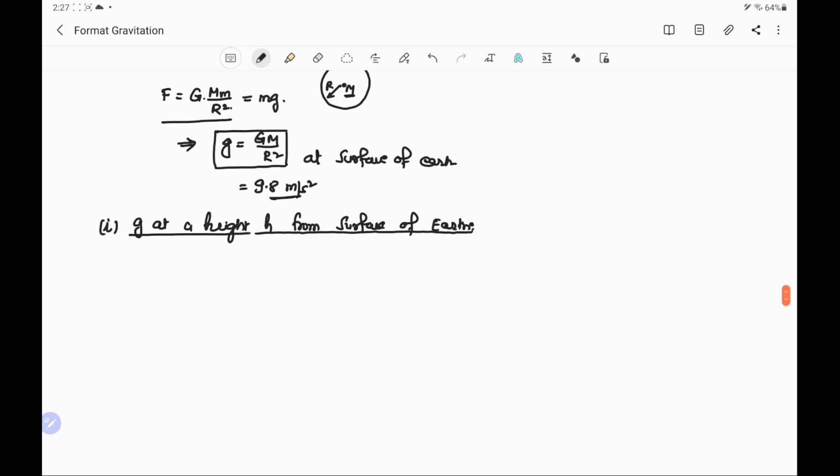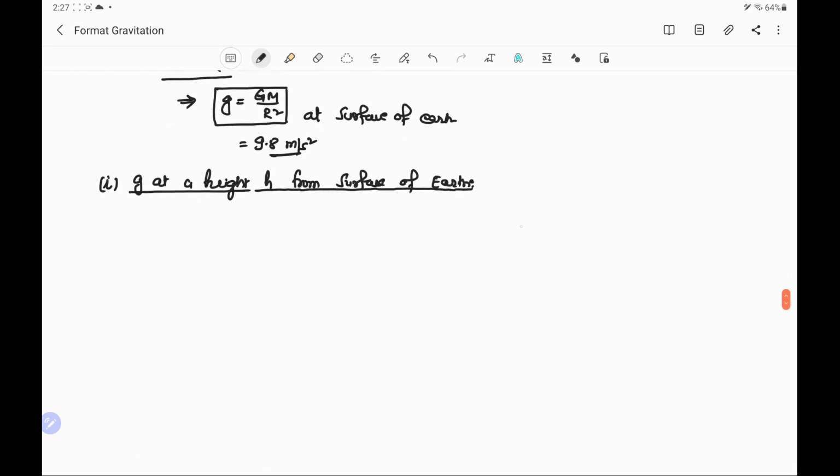This we can show here. This is the earth, this is the radius of earth, and from this there is a height h where a body is situated. Suppose this h is very much less than capital R. It is nearer to the earth's surface.